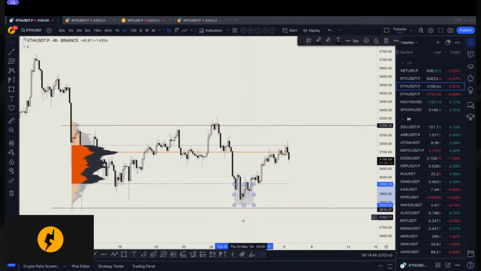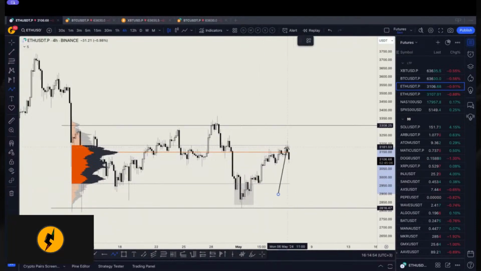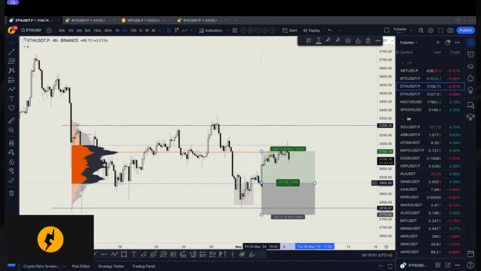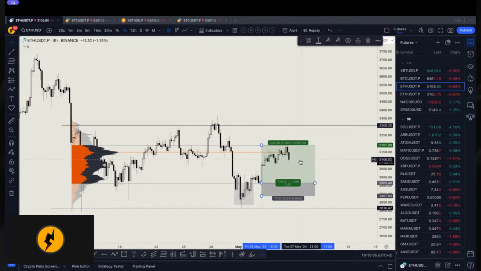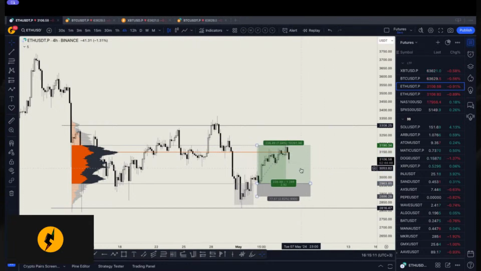After we found acceptance, we retested the value area low, and it's kind of retesting the value area high. So a move from here to here definitely was a nice trade. Maybe here, stop loss here, TP here, 3R. Looks good, okay? And 3R is fine for swing trading.